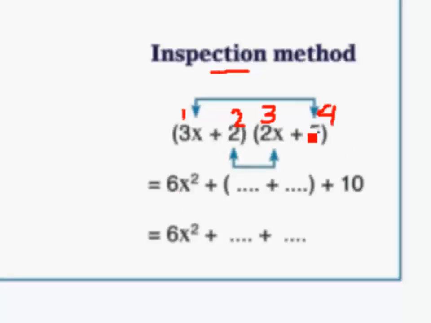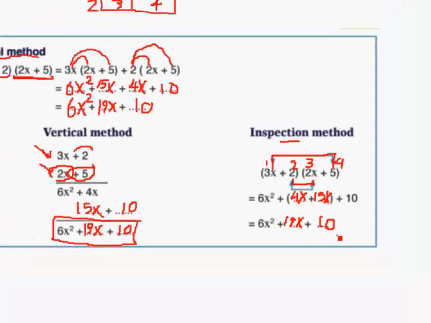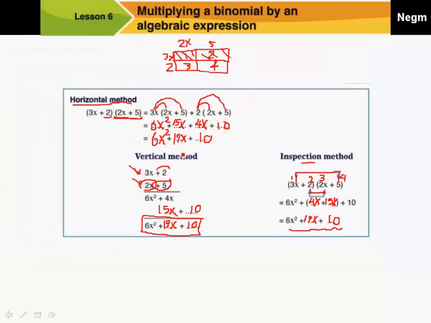And 2 times 5 is 10. And take this 2. 2 times 2x is 4x, plus this 2, which is 3x times 5, is equal to 15x. This equals 6x squared, 4x plus 15x is 19x plus 10. Of course, which is the same result.